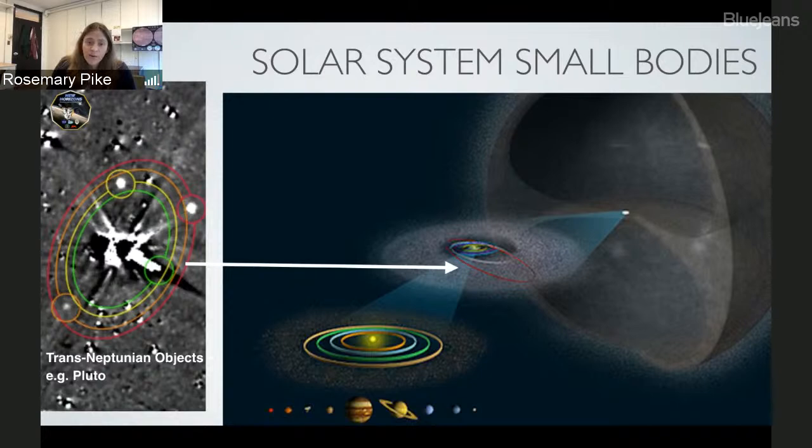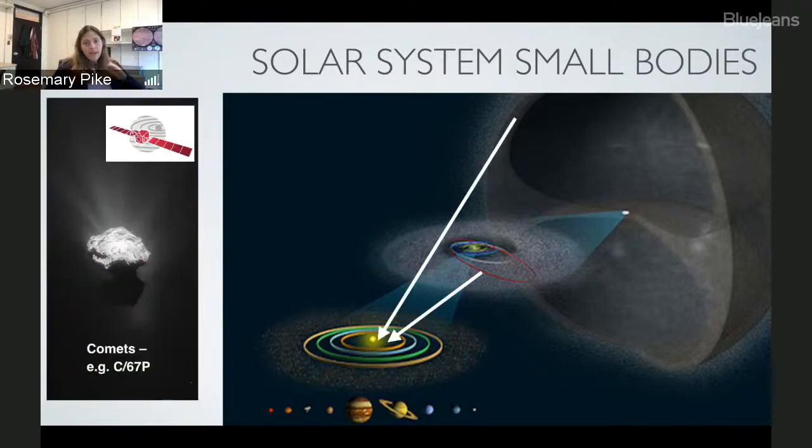As we move farther out, we get to the Kuiper Belt region, where we have objects like Pluto and Eris. This is an image of Pluto and Pluto's moons taken before the New Horizons encounter. All of these objects form what we call either the Kuiper Belt or the trans-Neptunian objects. This is out beyond Neptune's orbit, and this is where I typically focus my own research.